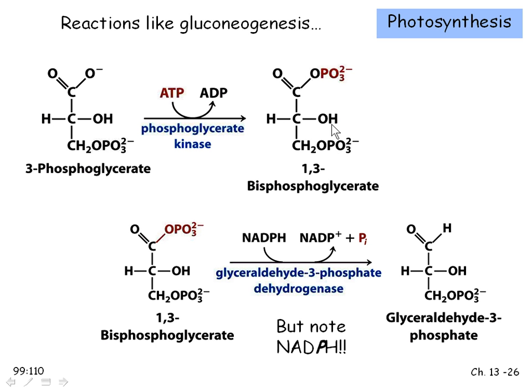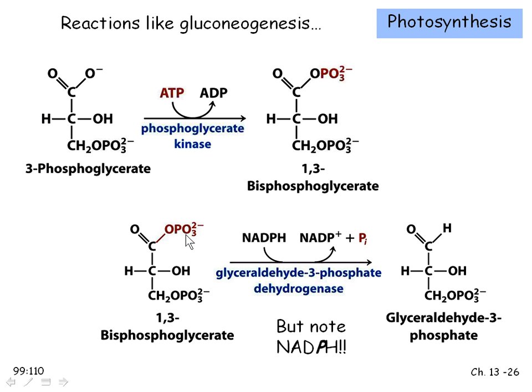And it is, again, the substrate for glyceraldehyde 3-phosphate dehydrogenase, but with a difference. This one is not identical to the one we saw in glycolysis. This one uses NADPH. And the NADPH reducing power is going to be used to reduce this to glyceraldehyde 3-phosphate, and it's going to throw away an inorganic phosphate which came from this end of the bisphosphoglycerate.